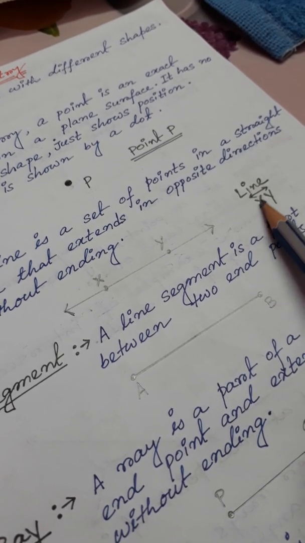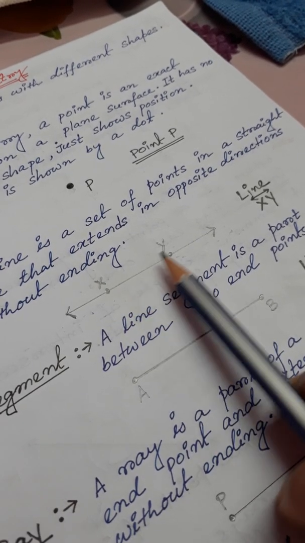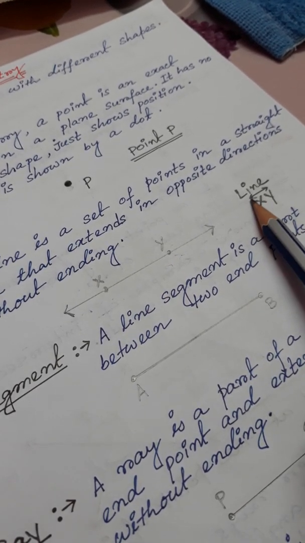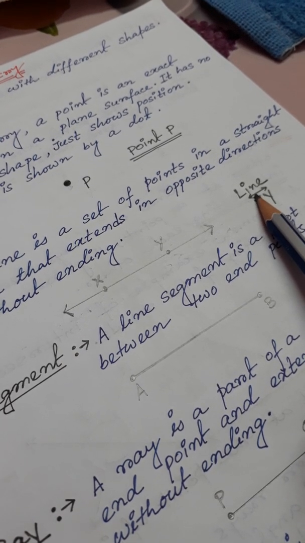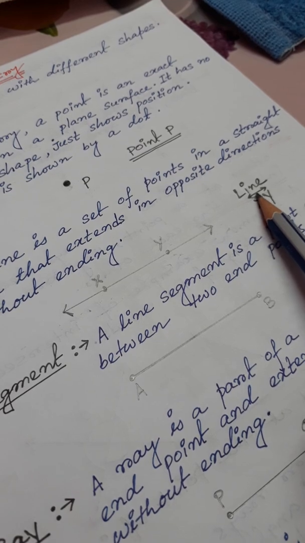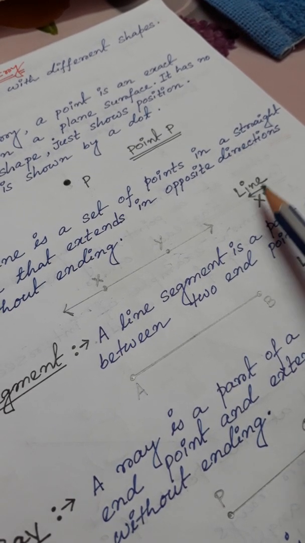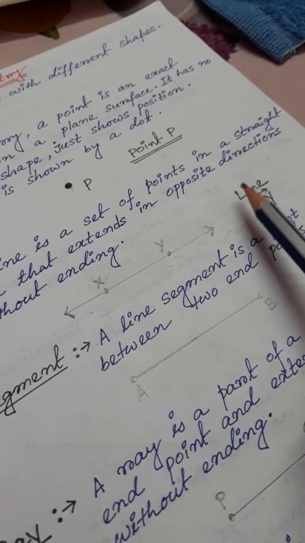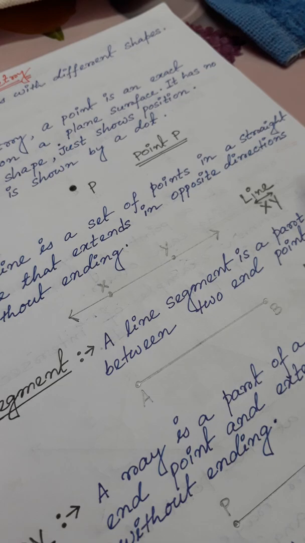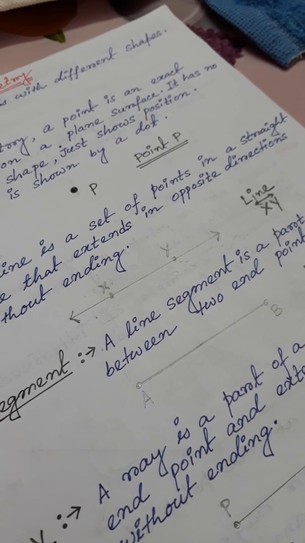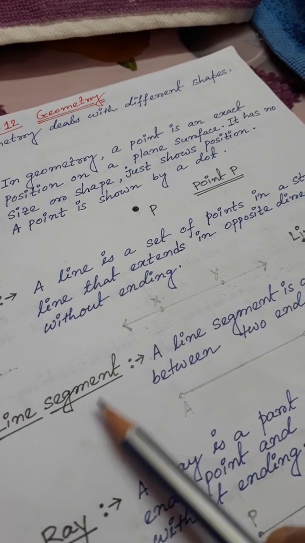Here I have written XY. On top of these 2 letters, you draw one line with an arrow on both sides. So it represents this line, which means it is maintaining continuity.